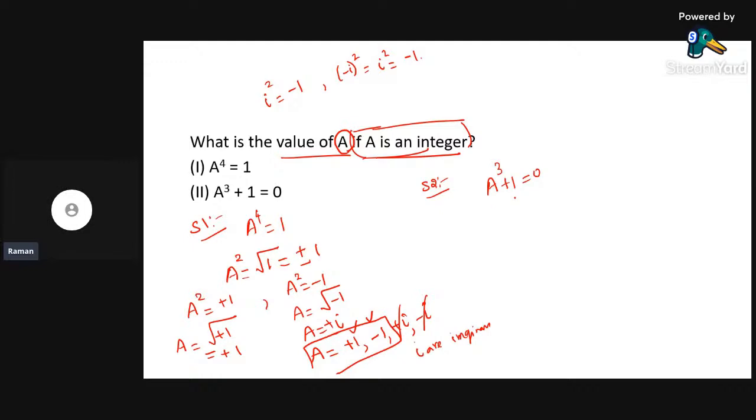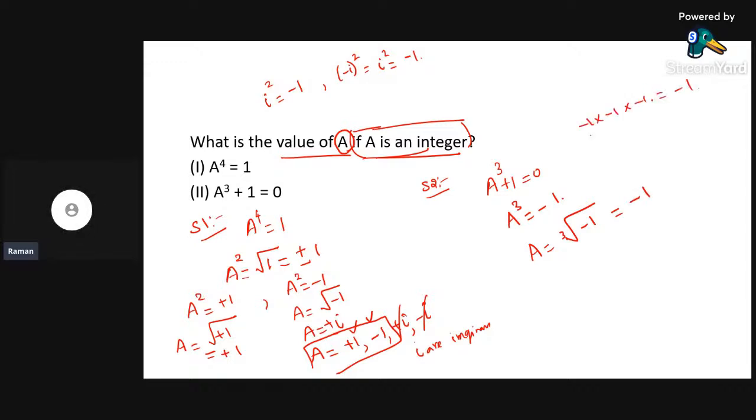The second statement says a cubed plus 1 is equal to 0. When a cubed plus 1 is equal to 0, the cube root of minus 1 is minus 1.